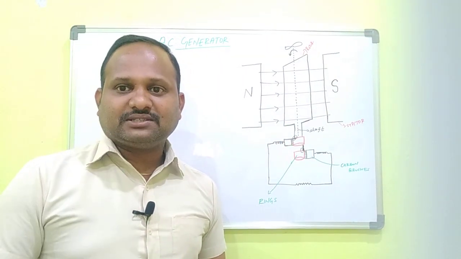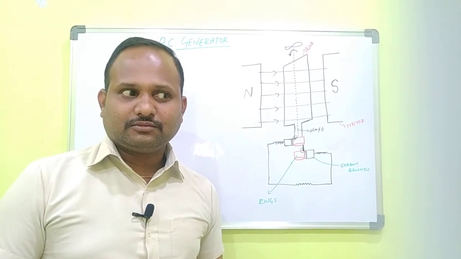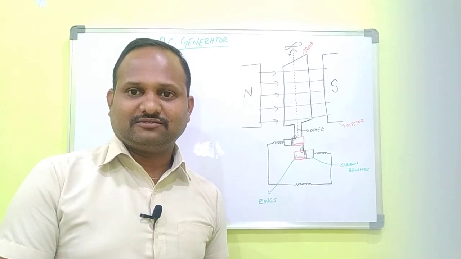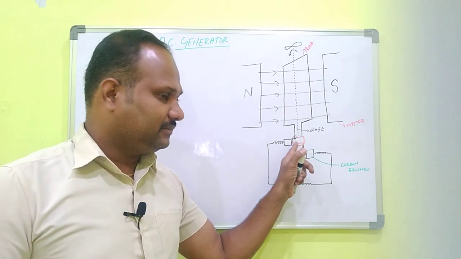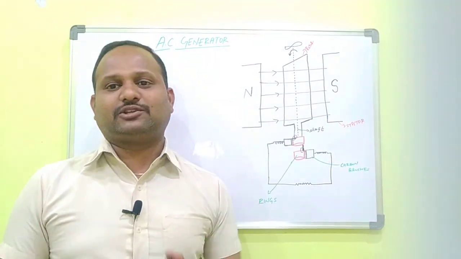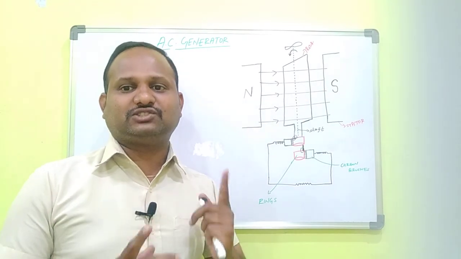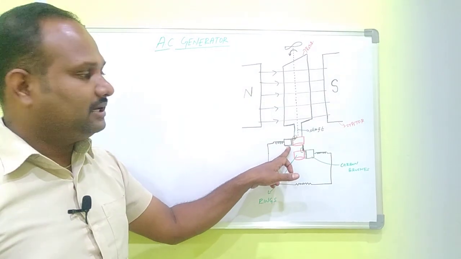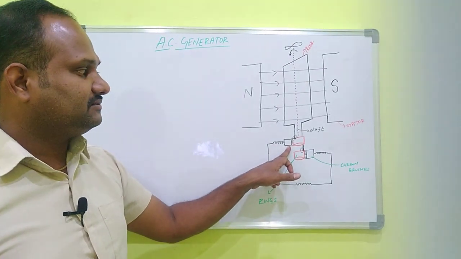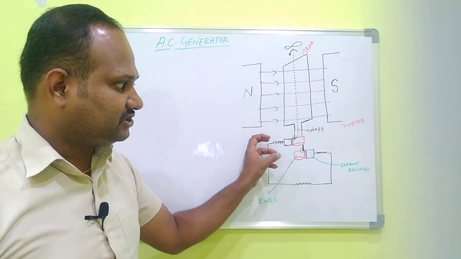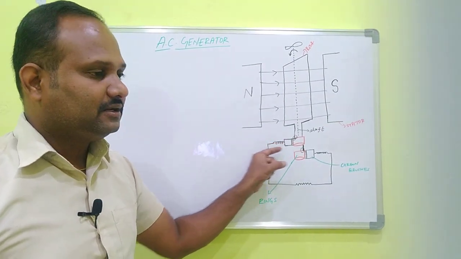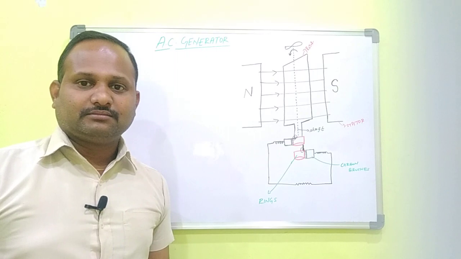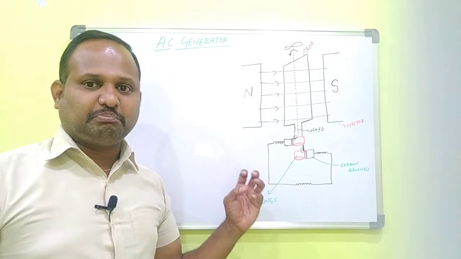Here carbon brushes are used for what purpose? To carry the current from the rotor coil to the external circuit. So in this diagram, these are the carbon brushes which are pressed against the rings with the help of springs.